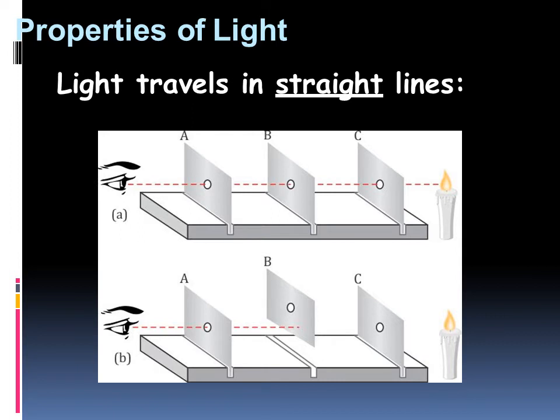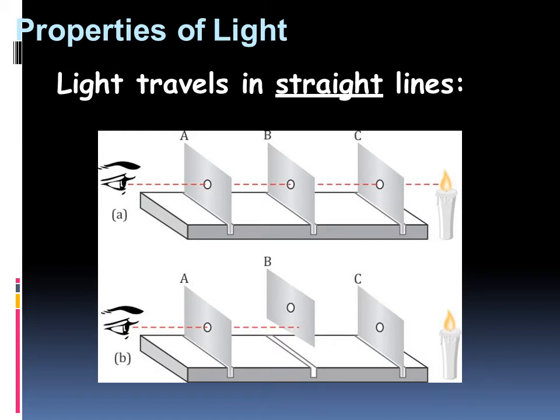What we will see is that we can see the flame of the candle. But if any of the boards is misplaced, that means if we move board B or board A or board C, what will happen?